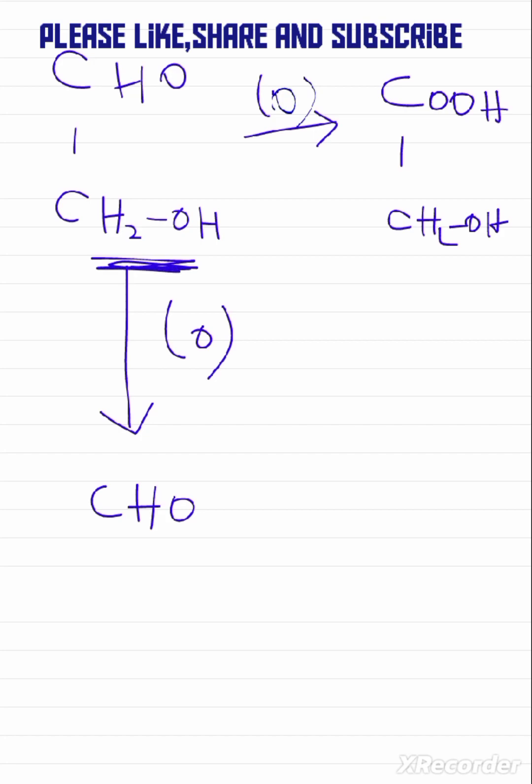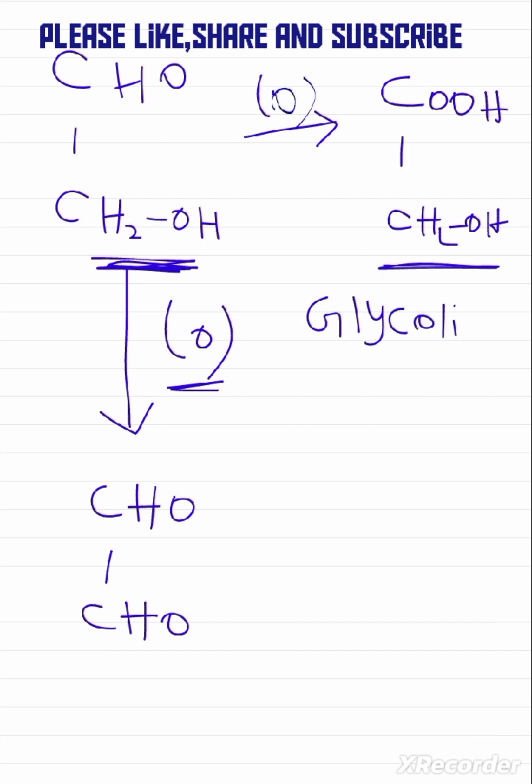These 2 hydrogens are removed by the oxygen present here and it oxidizes to CHO CHO. So this particular compound is termed glycolic acid. What is it called? Glycolic acid. And this particular compound is called glyoxal.